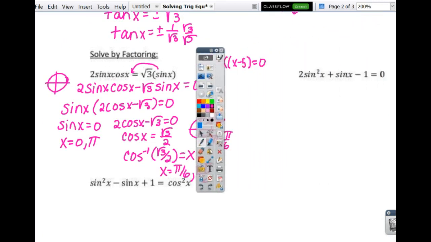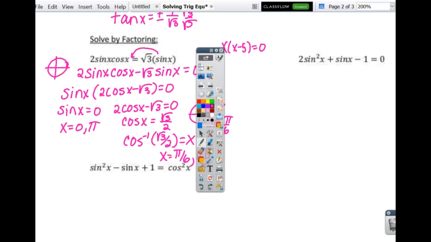Okay, I want to do this one. This one over here. Okay, so before you even start this, if I replace the sine with an x, and I ask you to factor, how would you factor it?